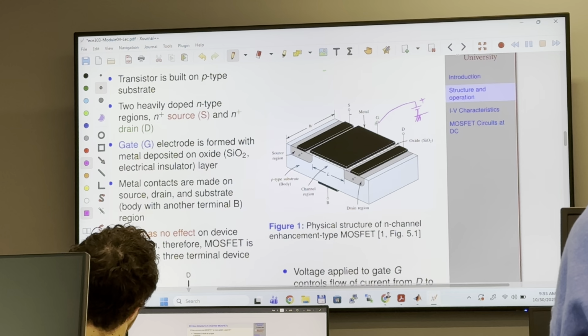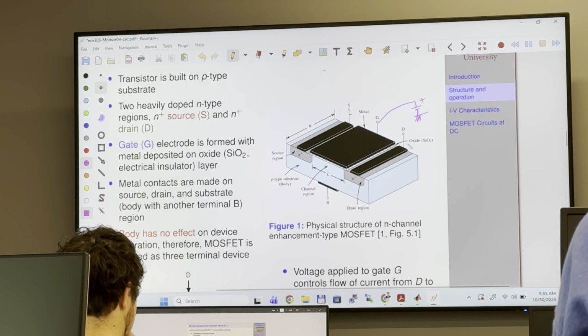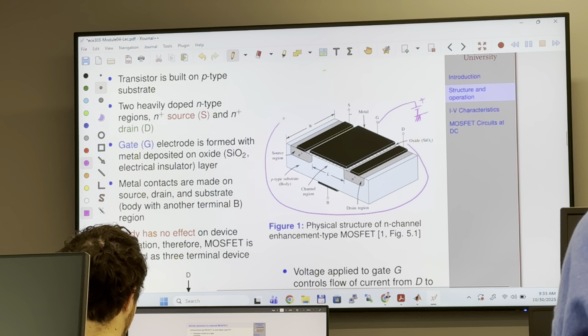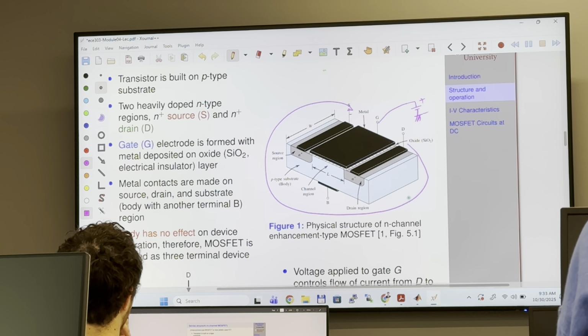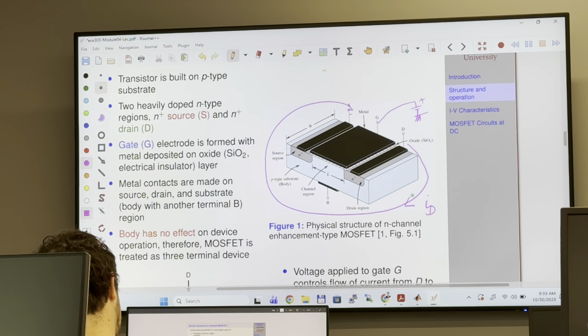Once you apply this gate voltage, the current flow from source to drain, identified with ID, is going to be controlled through the voltage applied at the gate terminal.